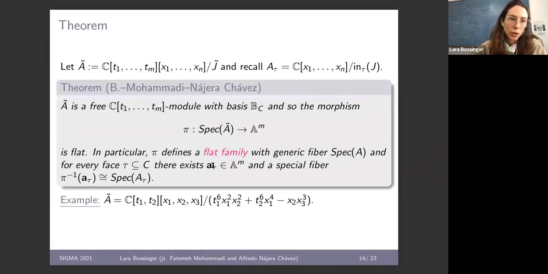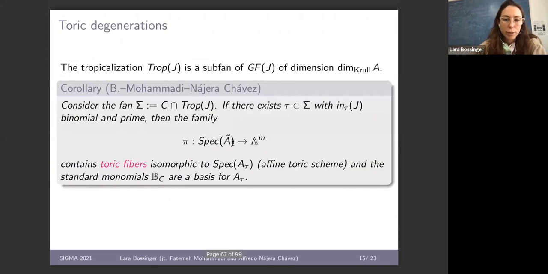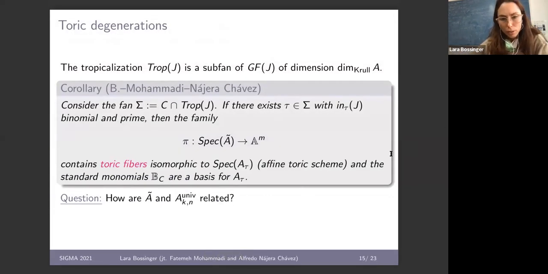That will give me toric degenerations of A, and I can see all the toric degenerations in this family that correspond to faces of my cone C with toric initial ideals. That's the general part of the construction.